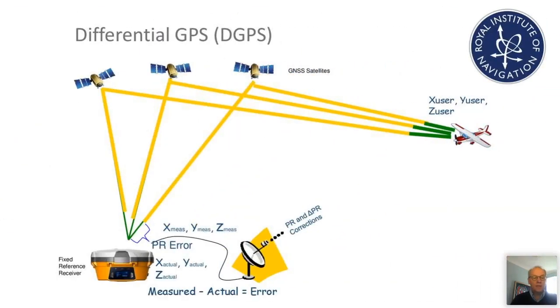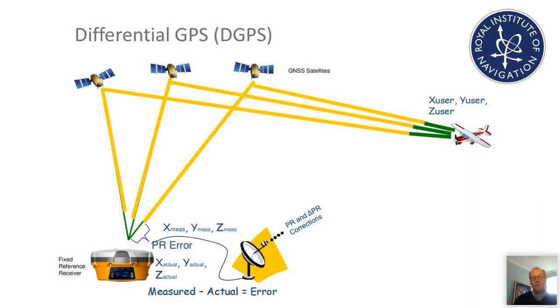Differential GPS, I think, will be touched on by Terry Moore next Wednesday. This is a technique whereby you measure the position from a receiver that's at a known surveyed location on the ground. And then, indicated in green, bottom left here, you get an error that you can then transmit to a user device nearby.